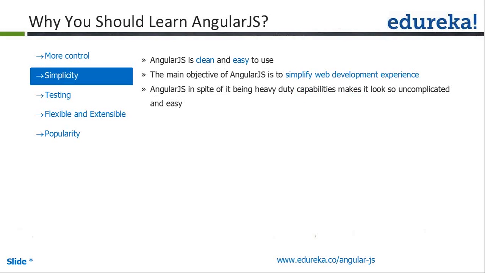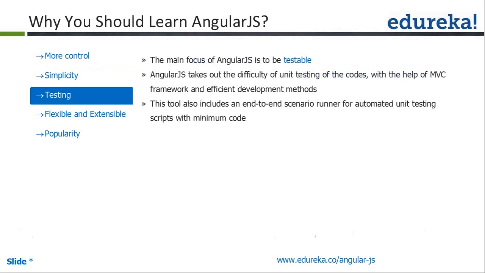Next one, simplicity. AngularJS is really simple and clean. What this means is that each and every AngularJS directive and function is similar to our HTML tags and normal JavaScript functions. So it is easy to learn AngularJS.